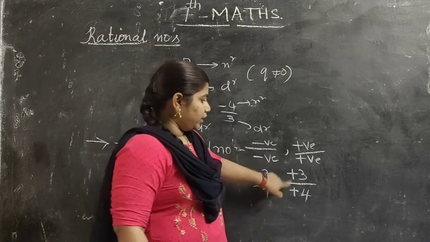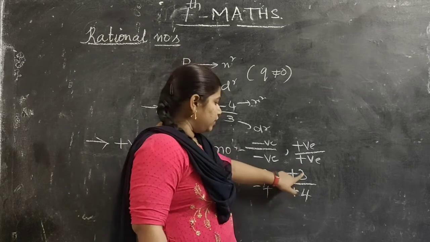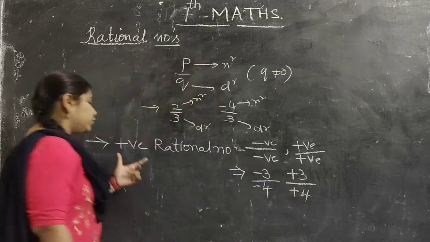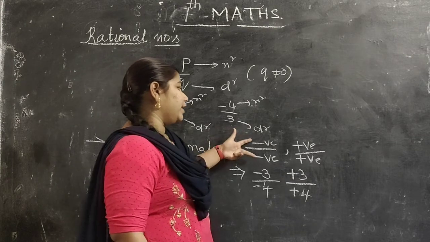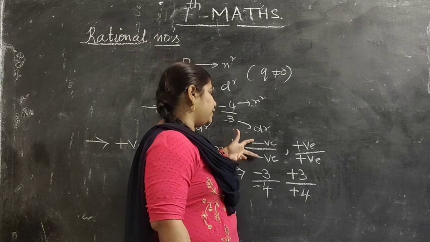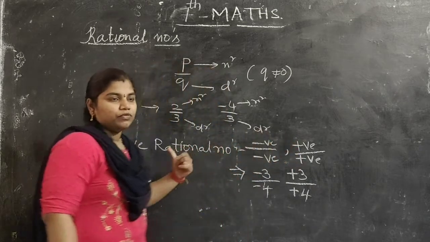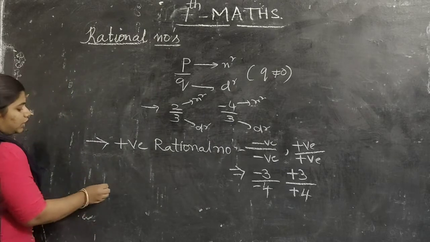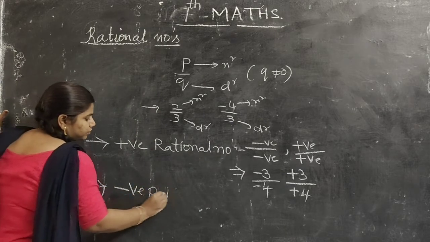Numerator and denominator have the same signs, plus into plus will be plus 3 by 4. So a positive rational number is nothing but a numerator and denominator containing the same sign. Next is negative rational numbers.